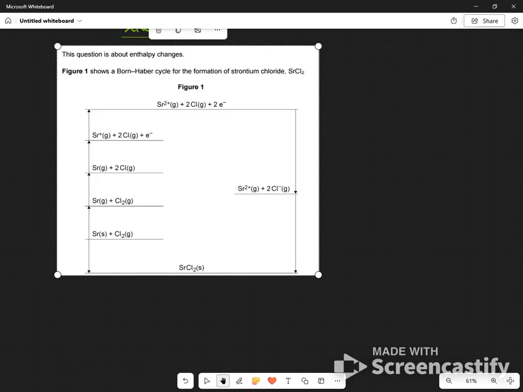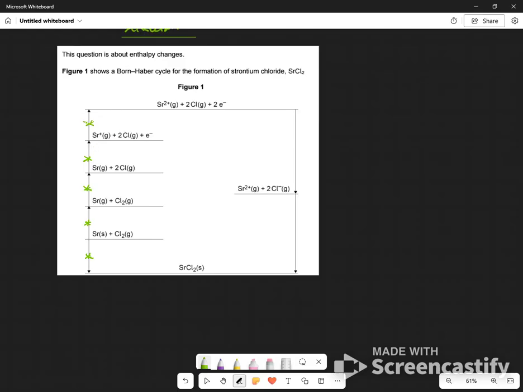All right, it's exactly the same. They're all the same. That's why they're easy questions. This one is enthalpy of formation. This one is we're vaporizing the strontium. This one is we are atomizing the chlorine, or the bond energy of chlorine. This one is the first ionization energy of strontium.